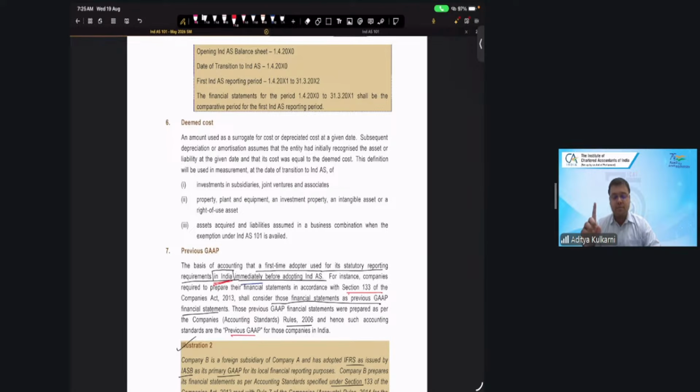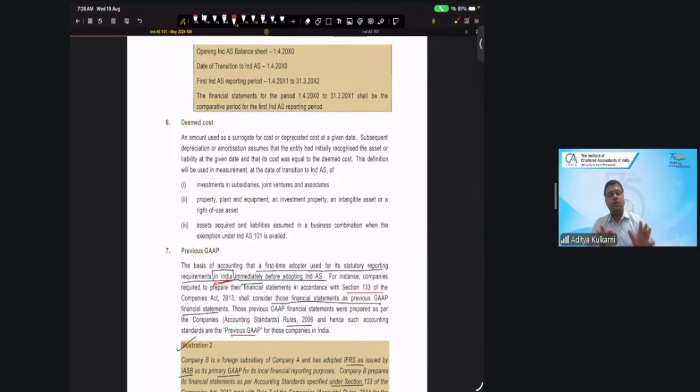First one, you will de-recognize the items appearing in AS but not permitted under Ind AS. Second, you will recognize items which are not shown in AS but required to be shown under Ind AS.